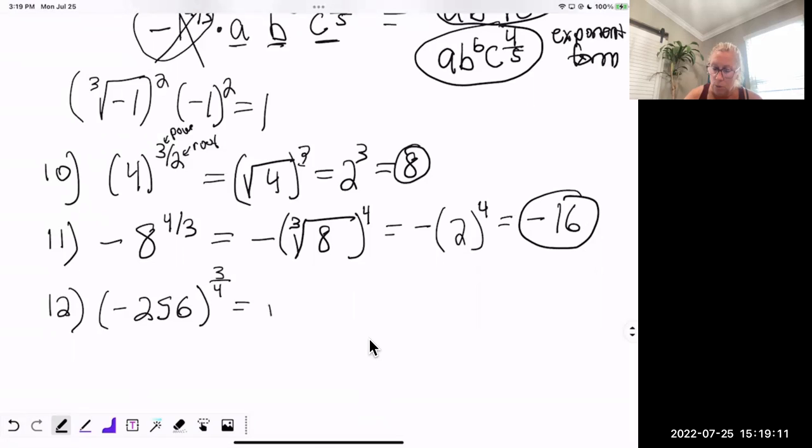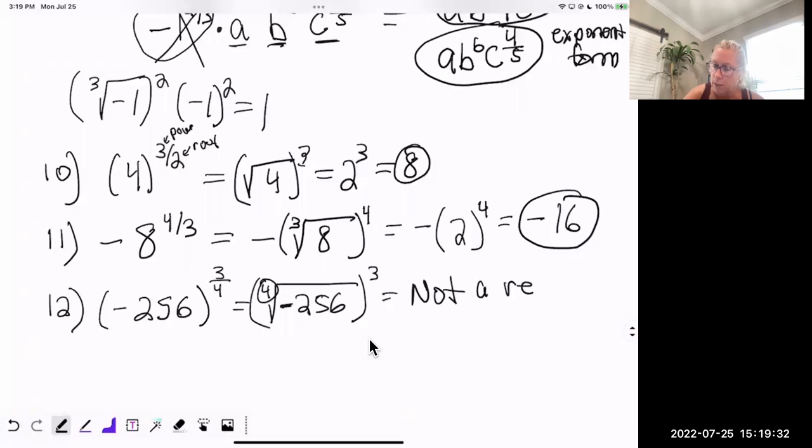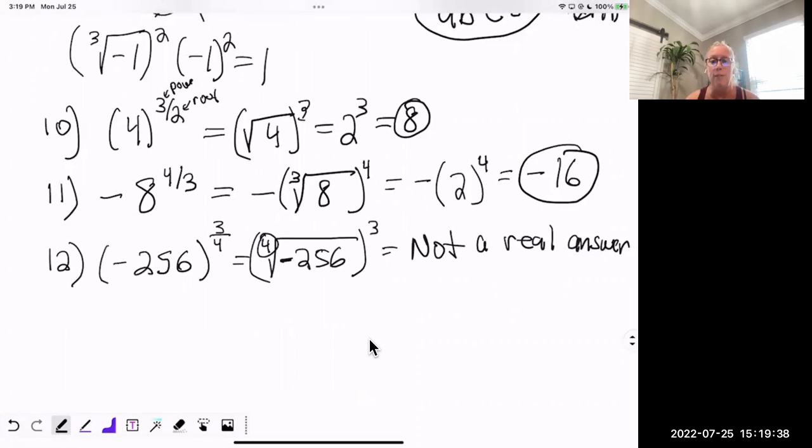So we are going to go negative 256 to the fourth root to the 3rd power. But can we have a negative under an even root? No. So not a real answer. So always be careful: you can have a negative under an odd root. You cannot have a negative under an even root.